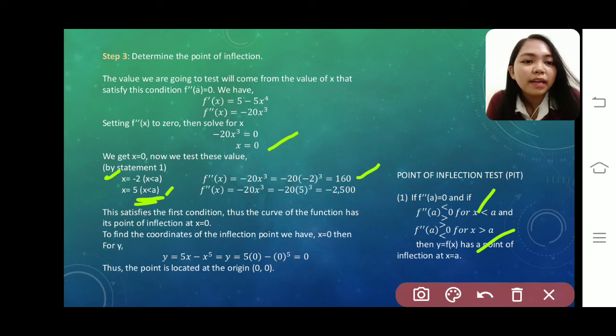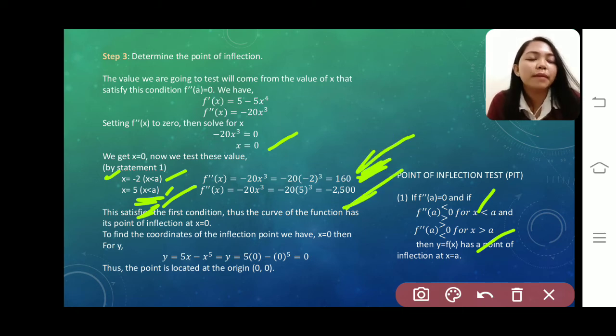Then, dapat, ang sabi natin to satisfy the first condition, kung ito ay positive sa itaas, kapag nag-change sign din dito, diba less than dito, nag-greater than naman dito, dapat mag-interchange din yung sign. So, positive dito sa taas, sa nauna, therefore, dapat negative sa pangalawa. Therefore, it satisfies the first condition.